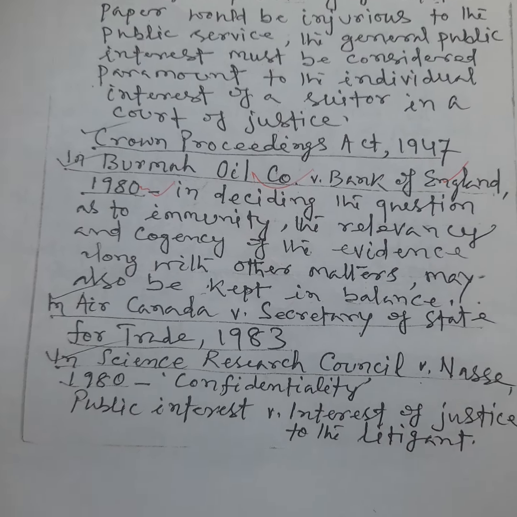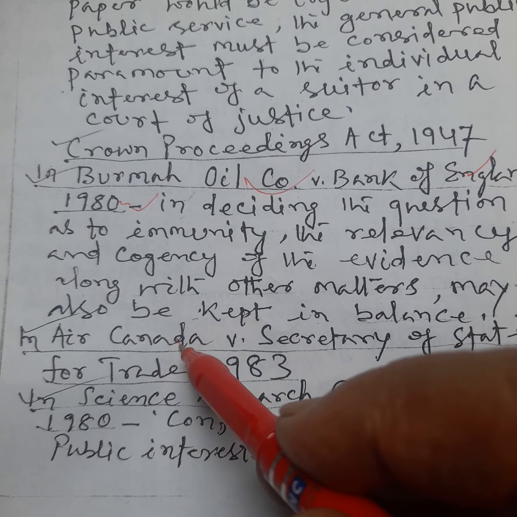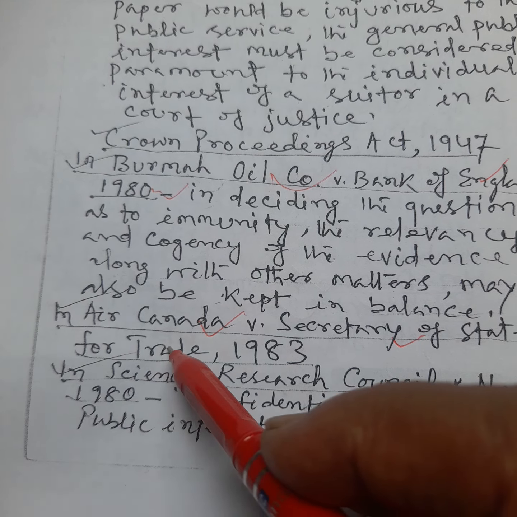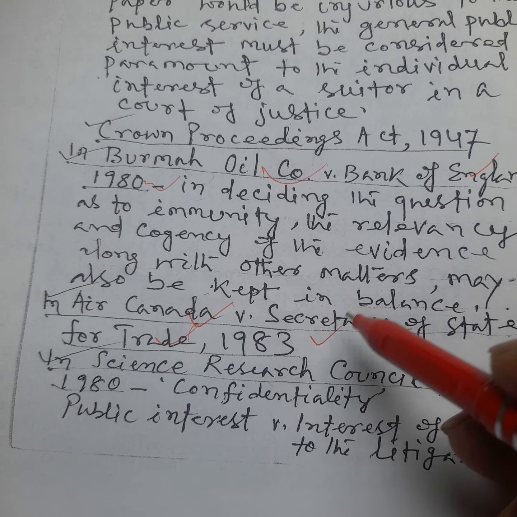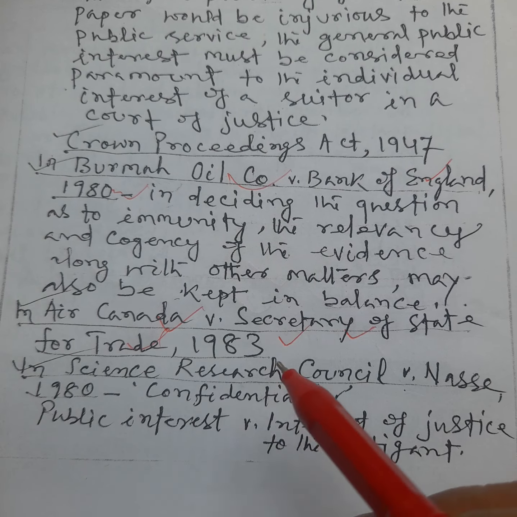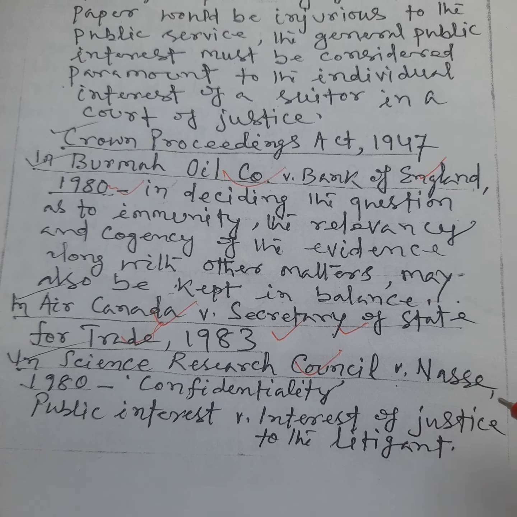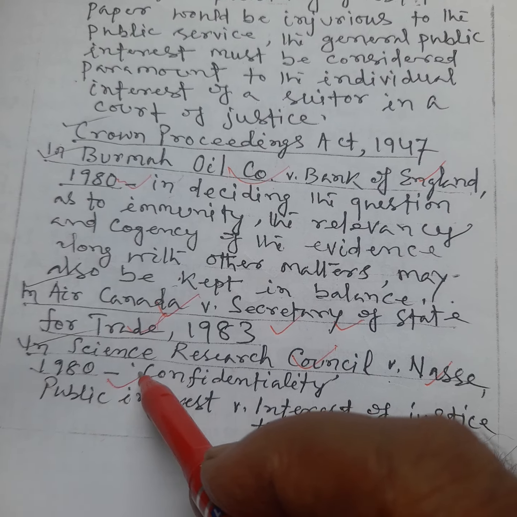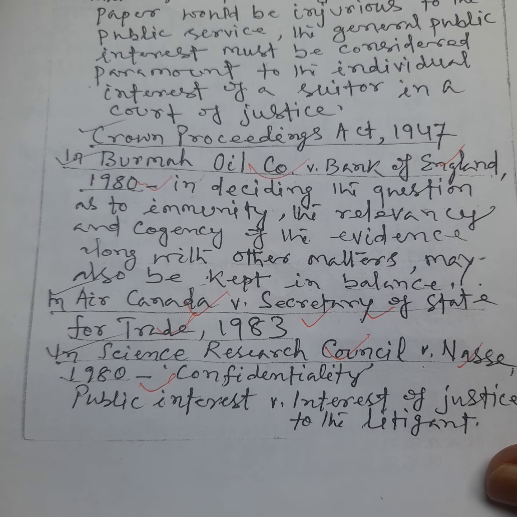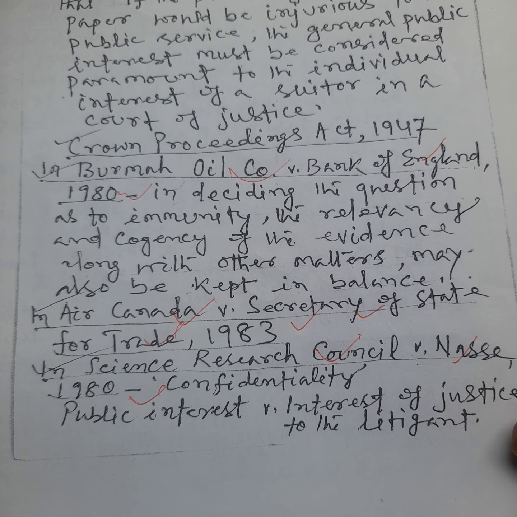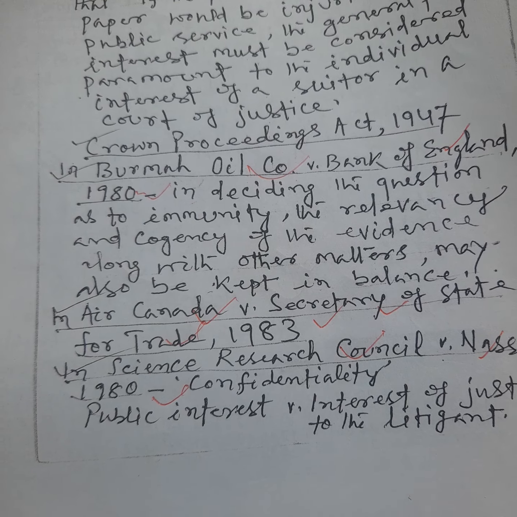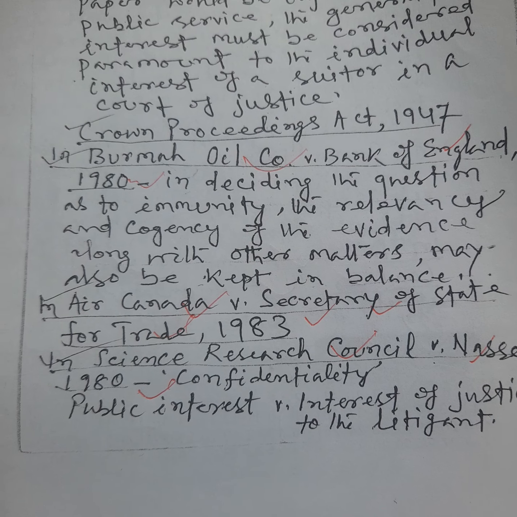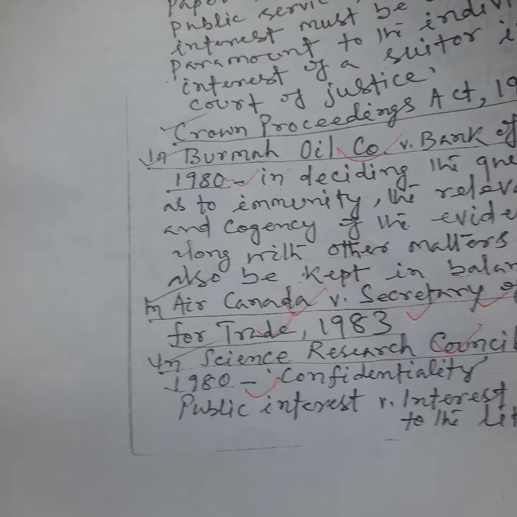And so also in another leading case, Air Canada versus Secretary of State for Trade 1983, and also in Science Research Council versus Nassé in 1980, confidentiality and public interest came in conflict with the interest of justice to the litigant.